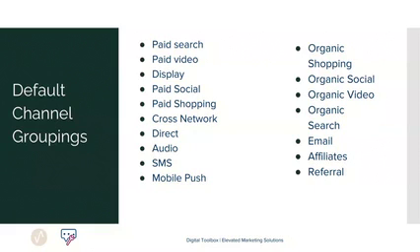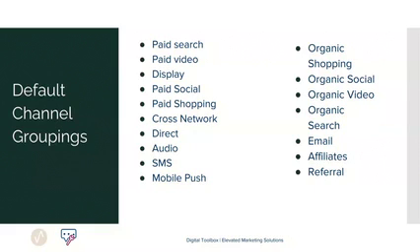So for instance, you never before would see paid social or paid shopping or even cross network. This is where somebody perhaps was in multiple different networks. They could have been on both Facebook ads and YouTube ads, and it would attribute it to cross network.